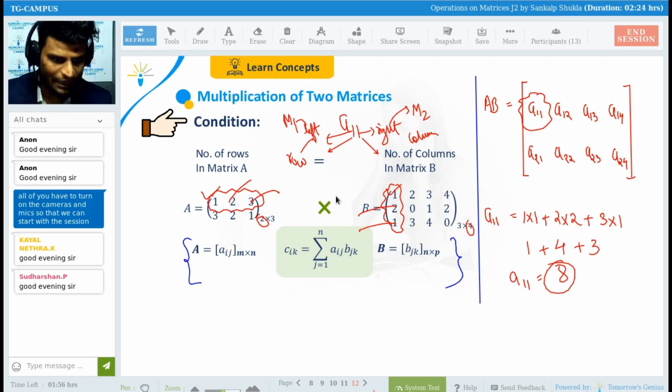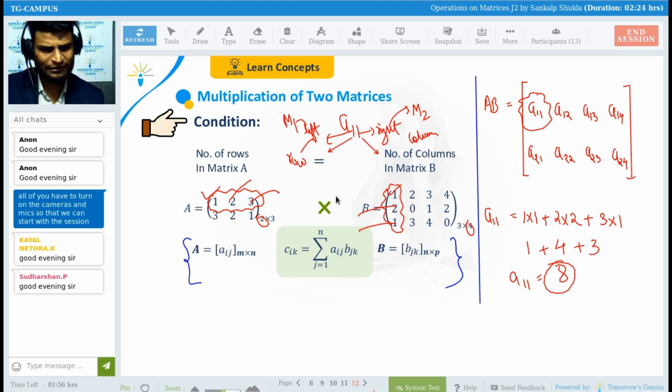Okay, Adil, you tell me. You don't have to write down the answer because everyone can see now: 8, 11, 17 and 8, the first row. 8 is correct because it is the same answer that I got also.